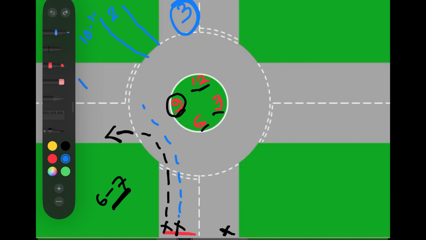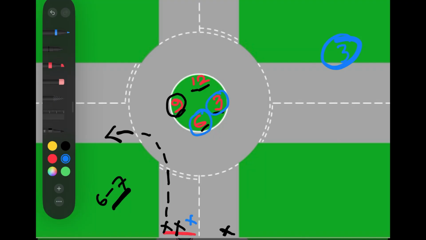Okay, now let's talk about third exit, which is at 3 o'clock position. So let's say this is third exit on this occasion, and we are again coming from this 6 o'clock position, so from here.